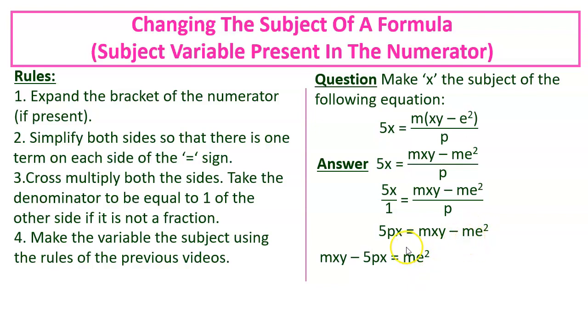But of course, what I have done is I have taken 5px to the right side, and I have taken minus me squared to the left side, so that instead of minus me squared, I get a plus me squared. That is the only reason why I have taken 5px to the right side and me squared to the left side.